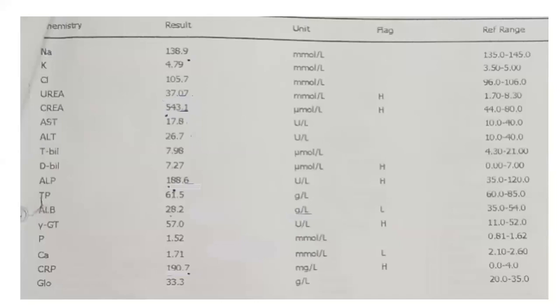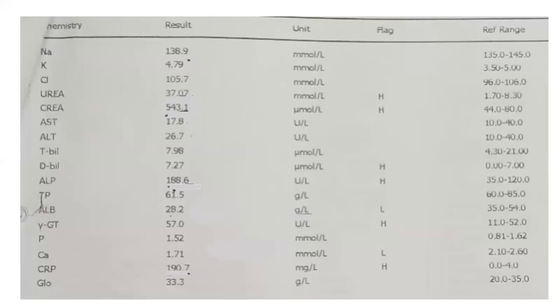Okay, so based on this image, we see that the sodium levels are in range, so meaning the child has no sodium deficiency. Secondly, we have potassium. Potassium is also normal. Urea is slightly elevated, and creatinine is also elevated. Okay, we go down to LFTs.